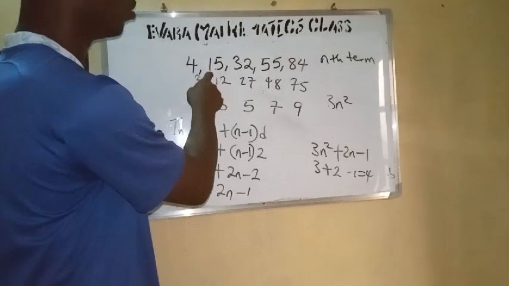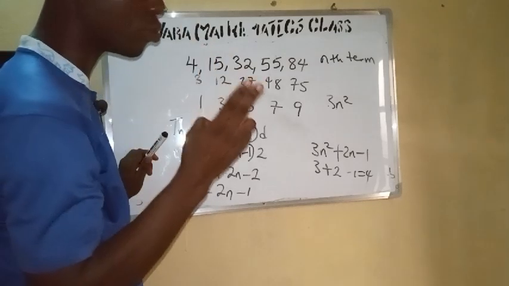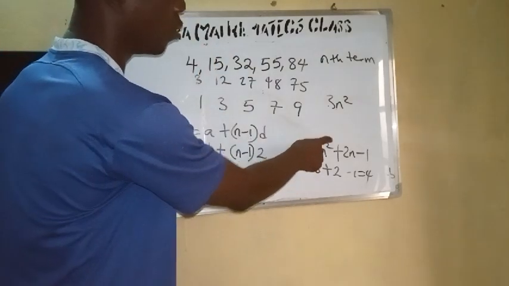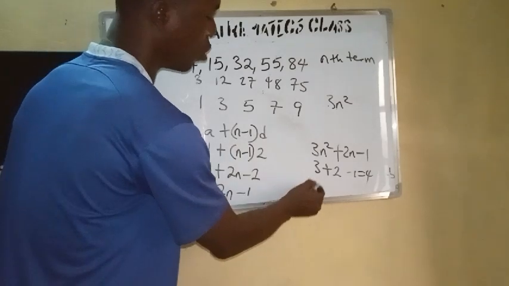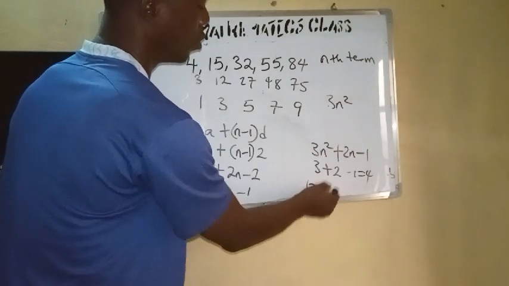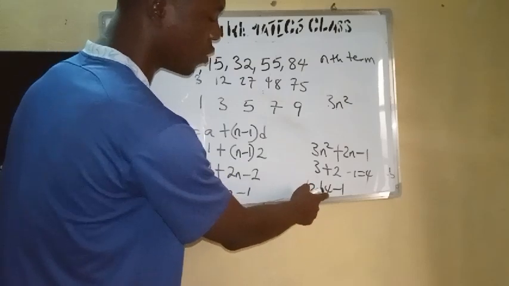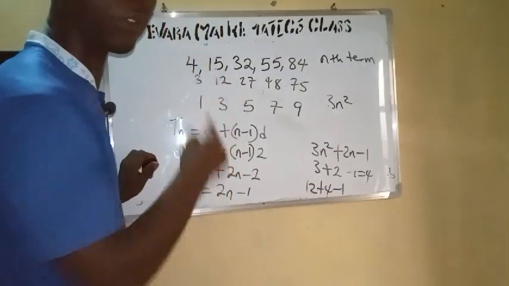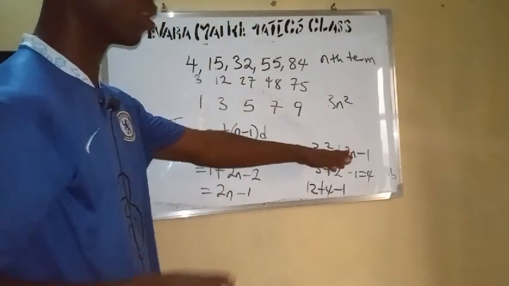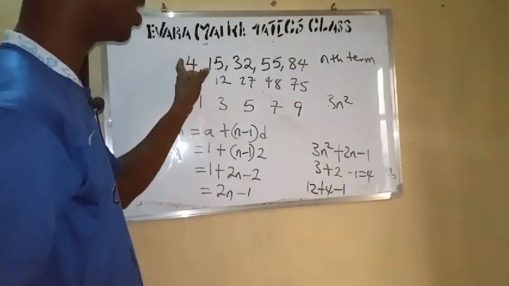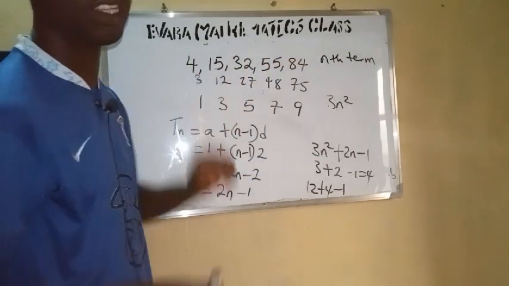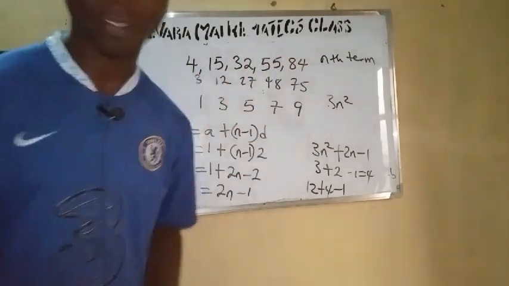And if you also put in the second term, n equals 2, 2 squared is 4. 4 times 3 is 12. 2 times 2 is 4. 12 plus 4 is 16, minus 1, that is 15. So this formula has been confirmed to be the nth term for this sequence. Thank you.